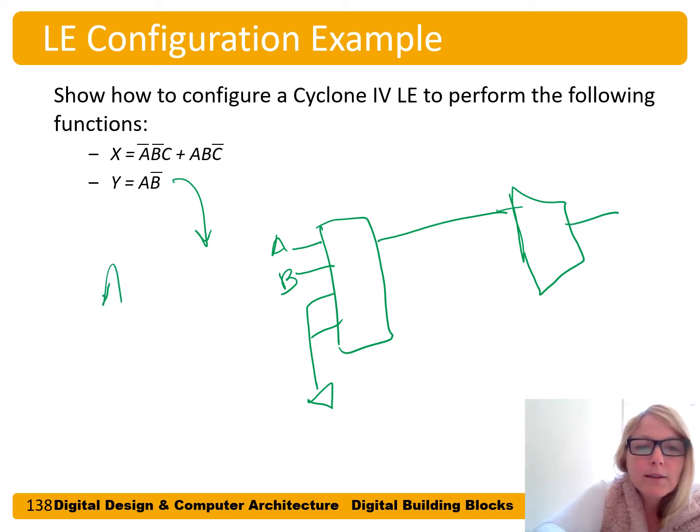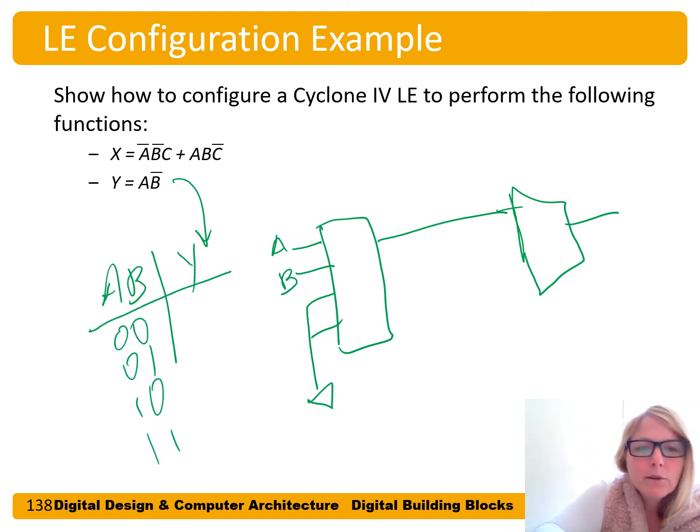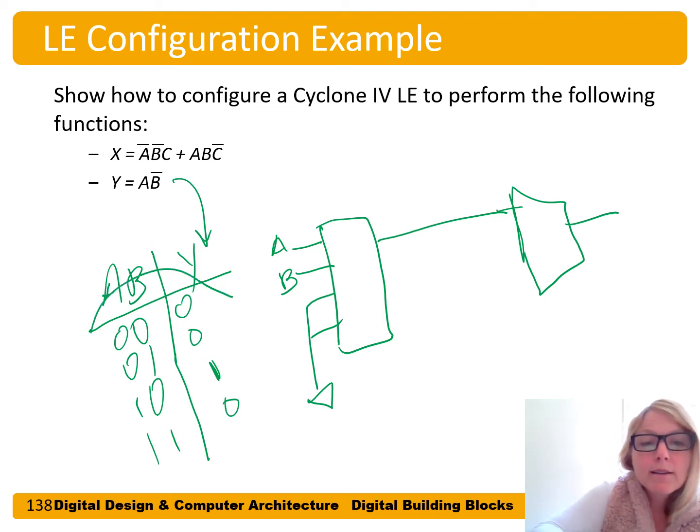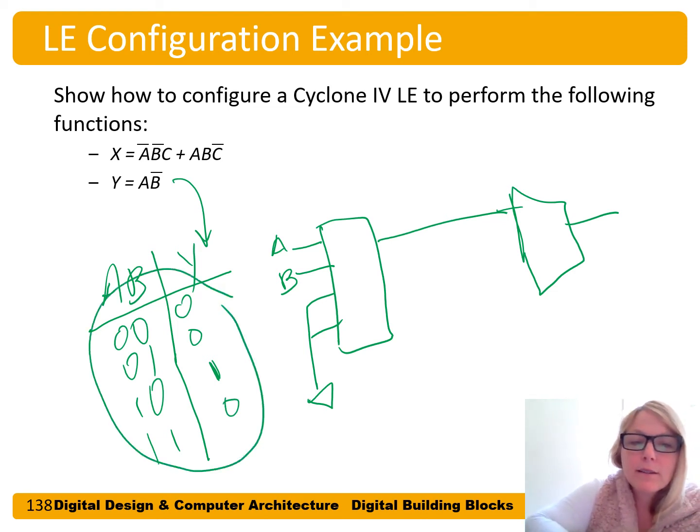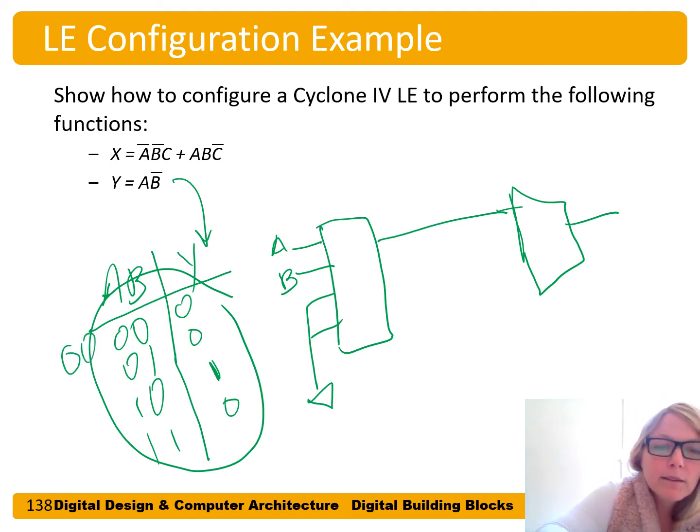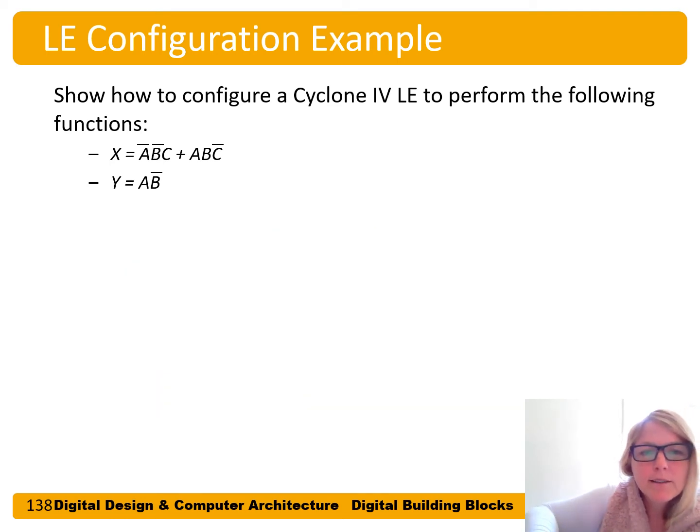Then we would draw the truth table for what that is: 0, 0, 0, 1, 1, 0, 1, 1. And this is A and B bar. We could put 0, 0 for the other bits in our lookup table, in our small memory.